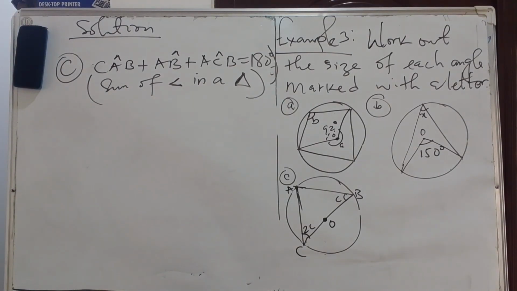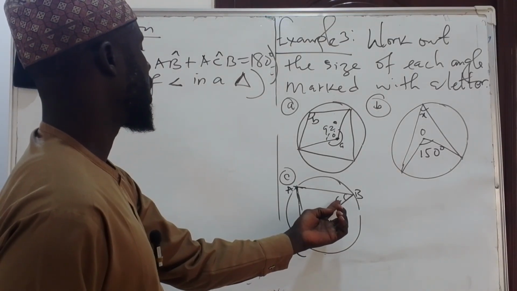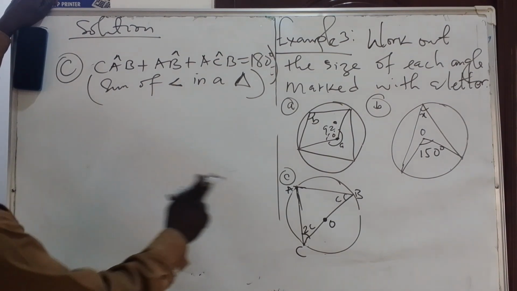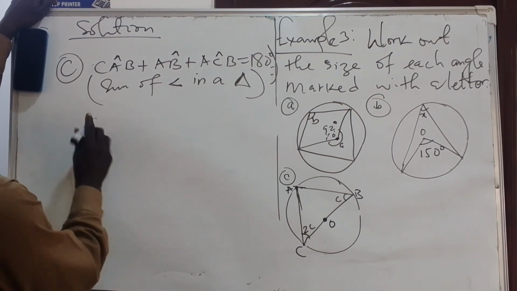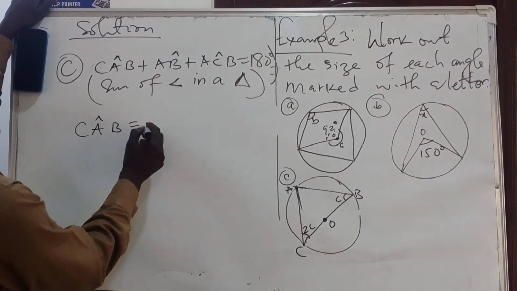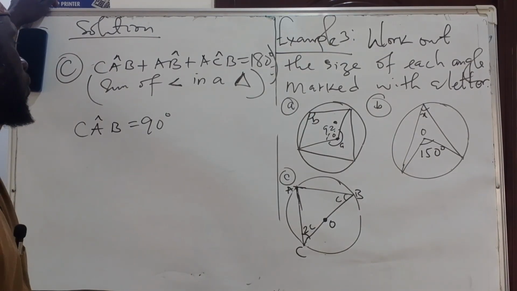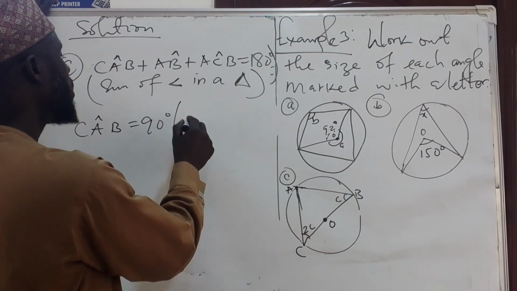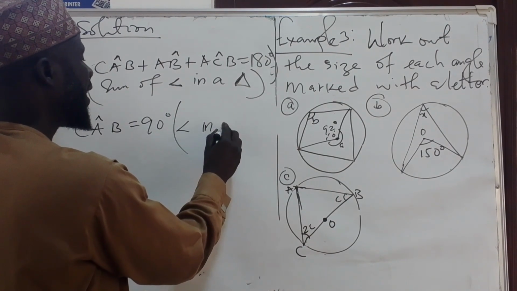Okay, but this is 2C, this is C. So this angle A is 90 degrees. Angle CAB is equal to 90 degrees. Why? The reason is angle in a semicircle.